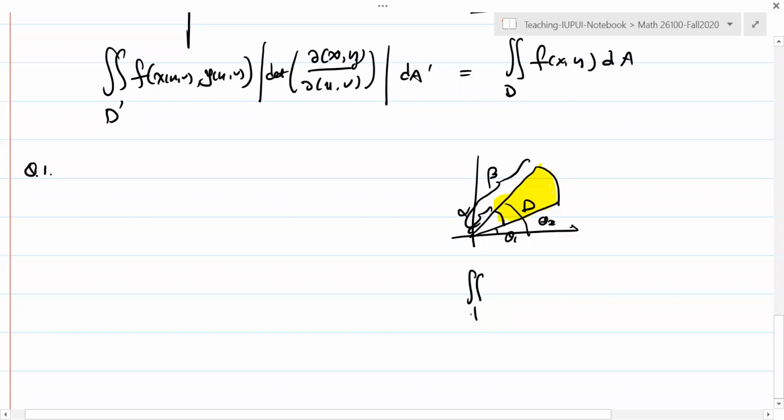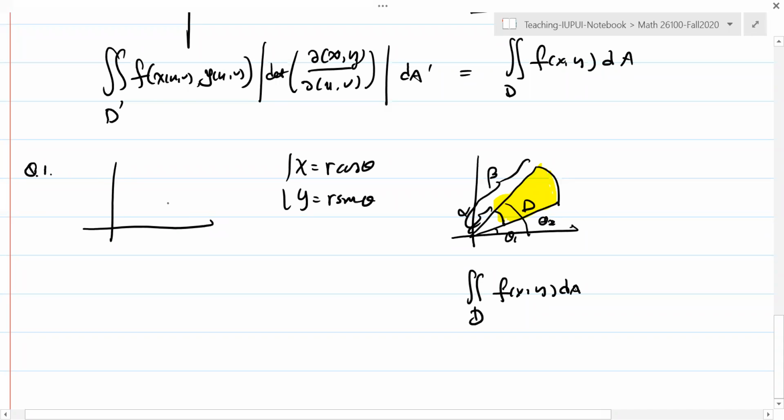And you have a double integral of the function over that. Then the transformation you're going to make is x equals r cosine theta, y equals r sine theta. If we use that, clearly the domain you're going to have here, the pre-image we call, is going to be r between alpha and beta, theta between theta 1 and theta 2.